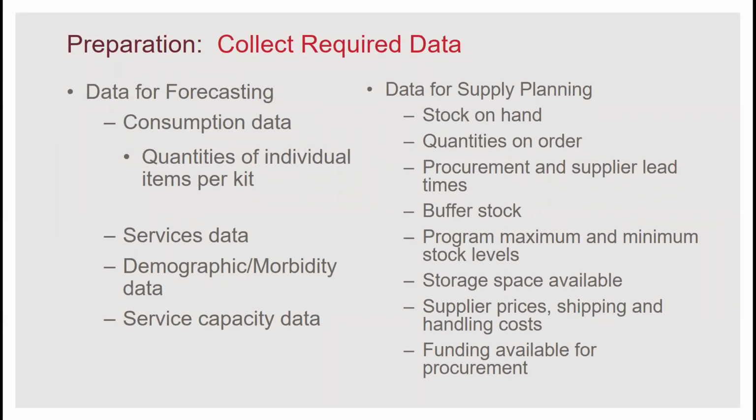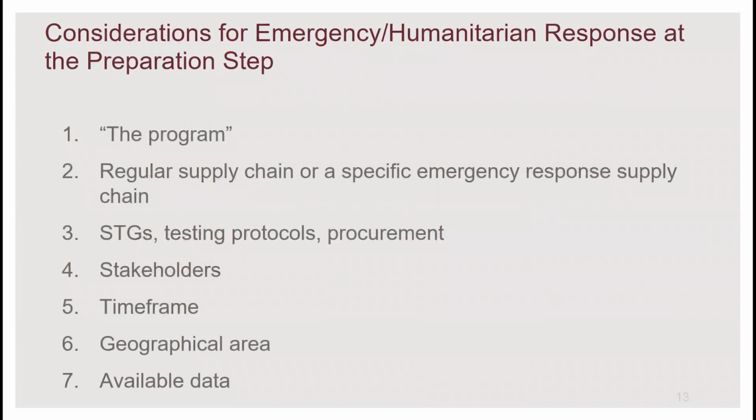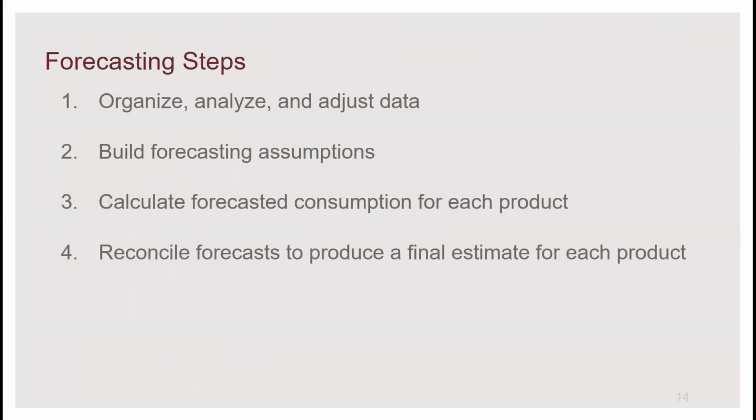Aside from the program scope and purpose, we presented and reviewed the different data that we need, both for forecasting and for supply planning. We also looked at these considerations, which are particularly relevant to quantification in the emergency or humanitarian response context.